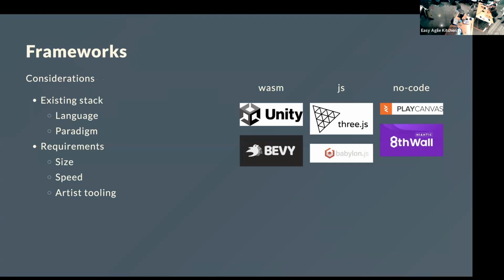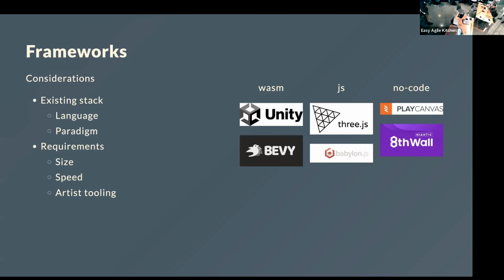Went from Three to Babylon, back to Three again, and now I'm working on Bevy. So they've got similarities, but they've also got some important differences. And I've categorized them in these three categories. They're pretty broad categories. I guess this is at least how I think about them.